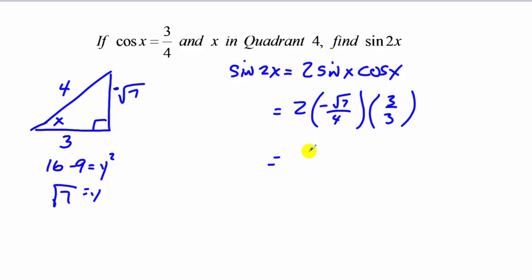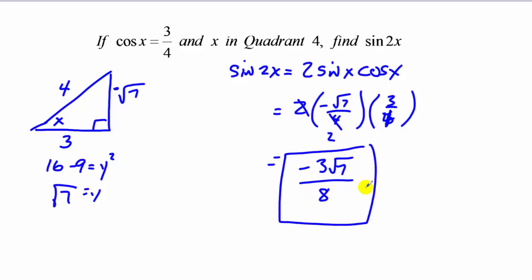Multiply everything out. Notice I have the 2 and the 4 reducing to 2. So I have negative 3 root 7 over 8, and that's equivalent to the sine of 2x.